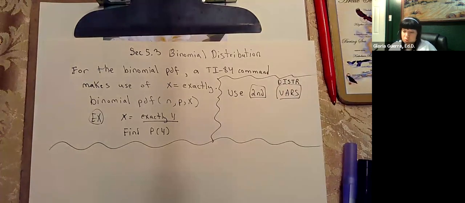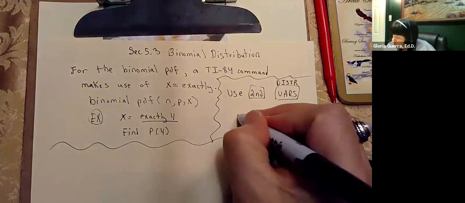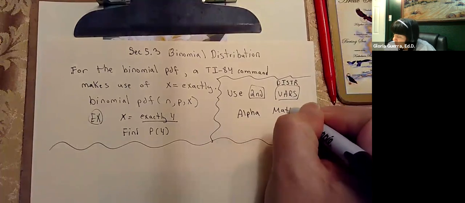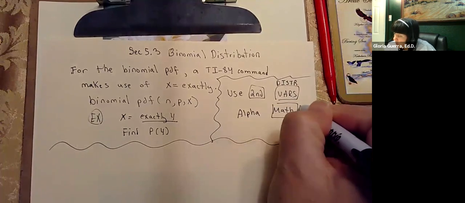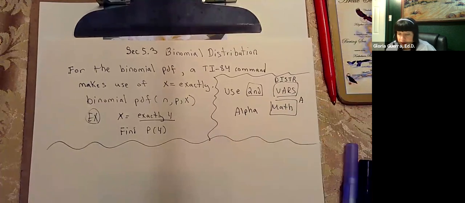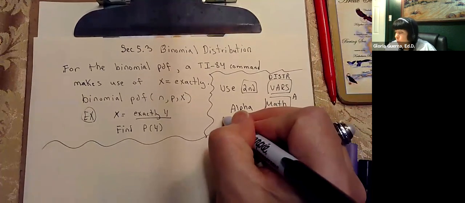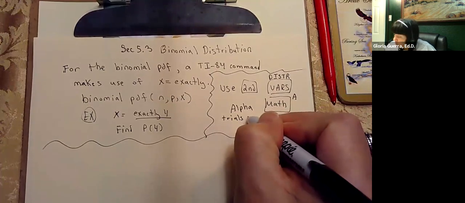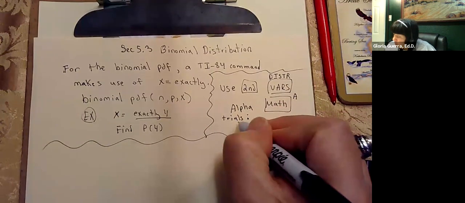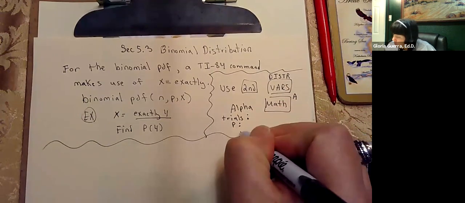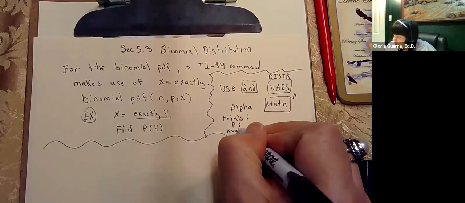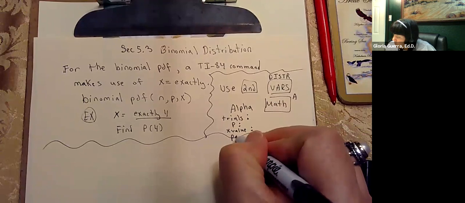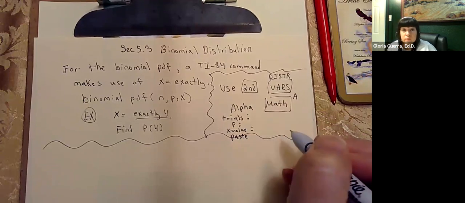So your distribution. And then you're going to make use of alpha and math. And there's your option A. Okay. And what will pop up, and we're going to do problems, so you'll see when we do this, these will be the first ones that we do. You'll get a pop up for trials and probability and X value. And then this page would come up.